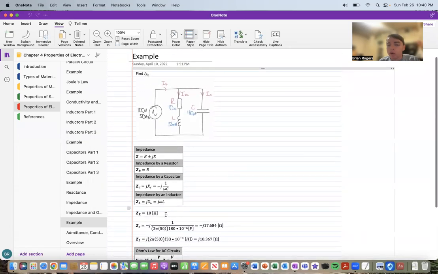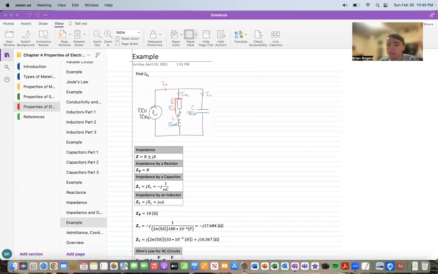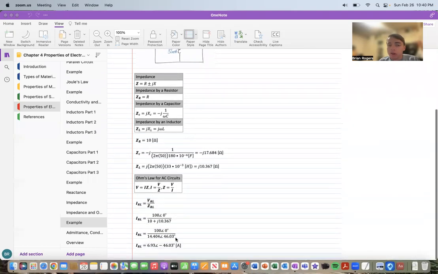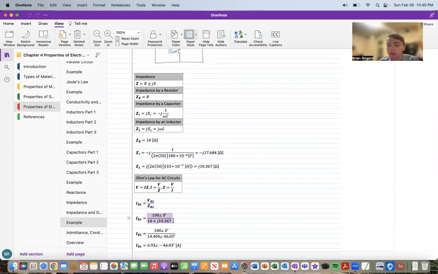And then our total impedance is going to be the resistor plus the impedance of the inductor. And so that's what we did here. For our impedance across that branch, it was the resistor, which was 10 ohms, plus the impedance of the inductor. And so taking that voltage, if you remember your polar form, the magnitudes are going to divide.